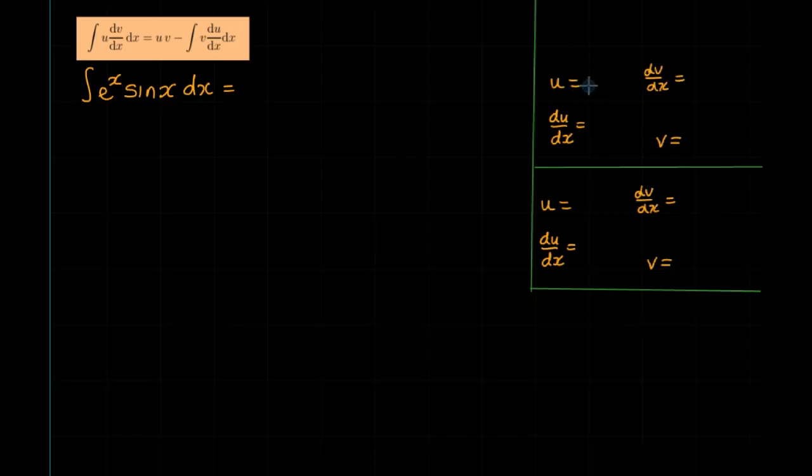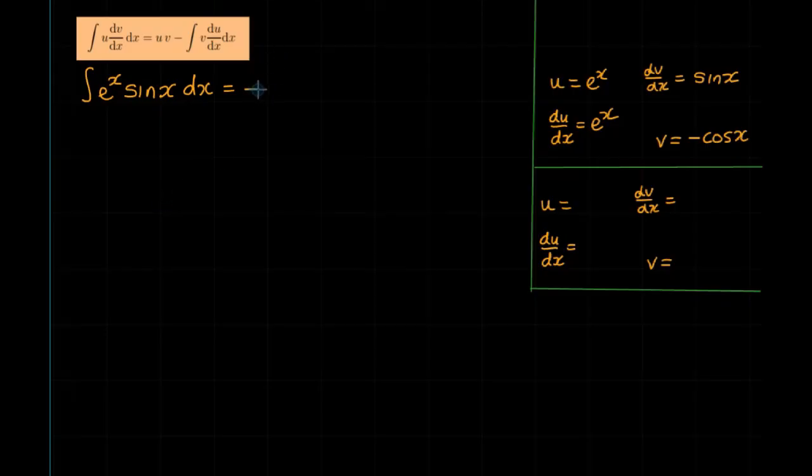I'm going to let u be e to the x. Let's differentiate that. That's e to the x again. And dv by dx is sine x. Now when you integrate sine x, you get minus cos x. So let's fill in the first part of the integral then.